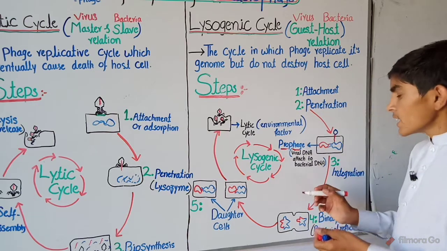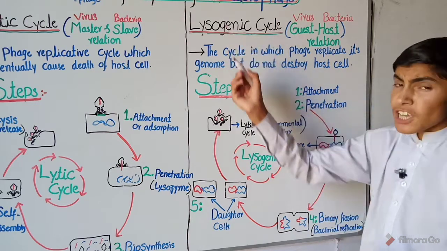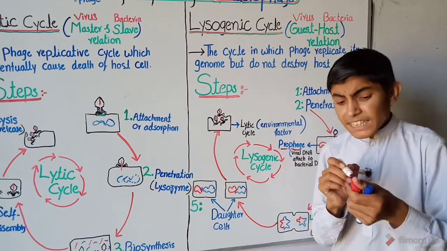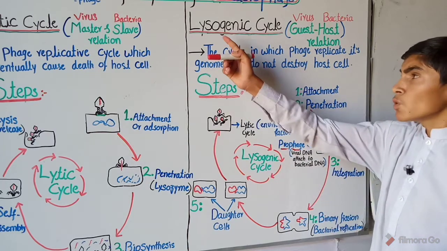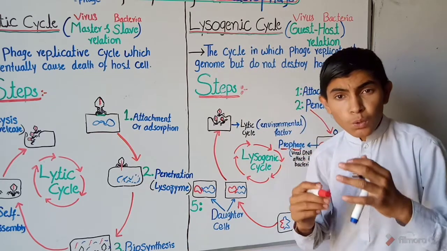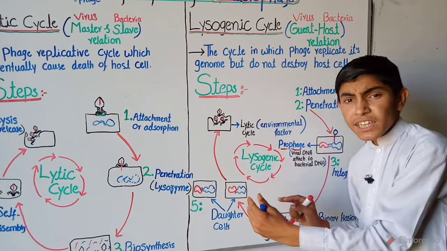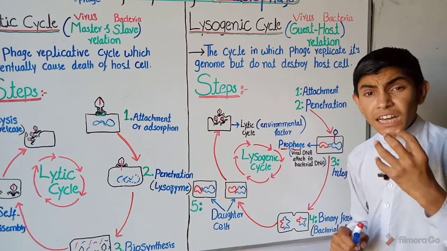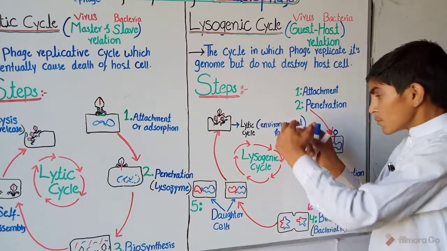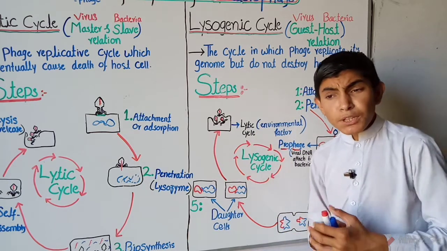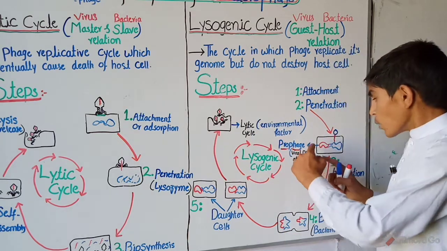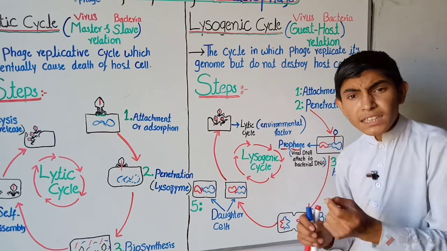From here the term lysogenic is also found: lyso means the breakdown, genic means the genome of the bacterial cell. So in the lysogenic cycle there is the chance of damaging and destroying the bacterial genome, but the virus genome does not damage it.